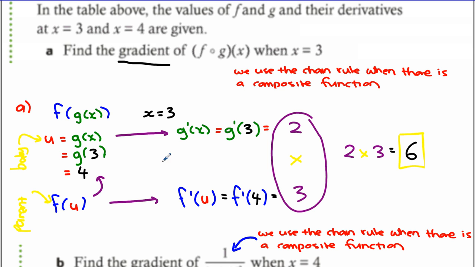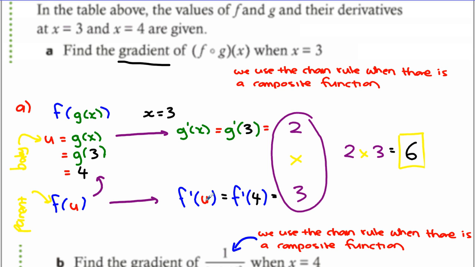And the parent function will be f of u, because u is g of x. And so its derivative, of course, will just be f dash u.